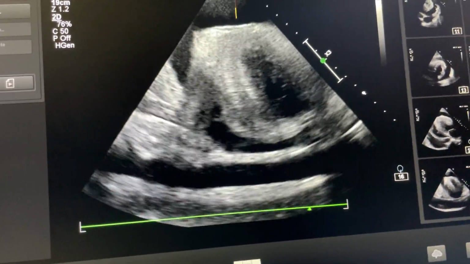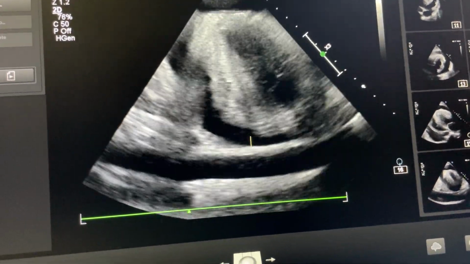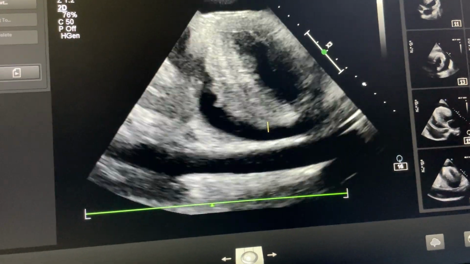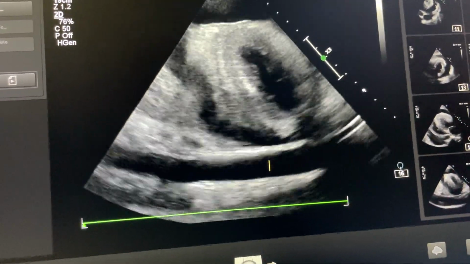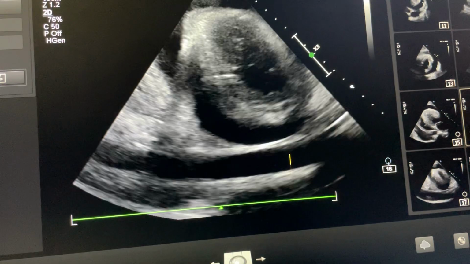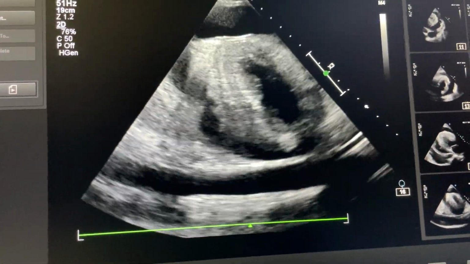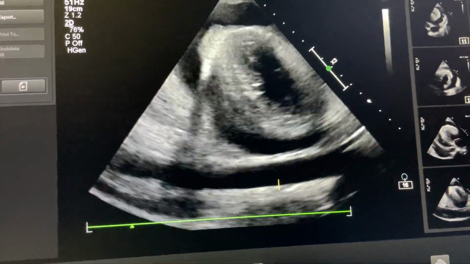This is the most anterior part of the pericardial effusion, and this is also pericardial effusion that is posterior to the left ventricle, but that pericardial effusion is also anterior to the thoracic aorta. This is thoracic aorta in long axis view, longitudinal section you say.